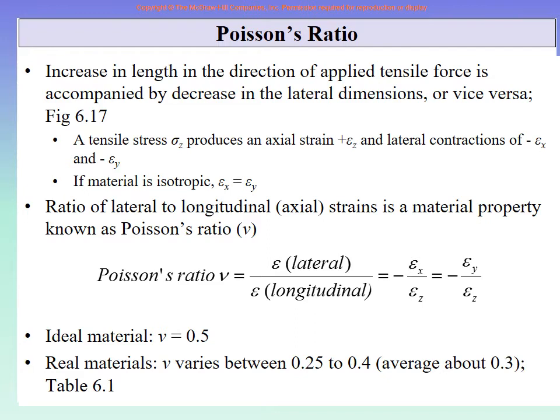The length is being measured by the machine. When you are pulling it in tension, the force is being measured by the machine, the length is being measured by the machine. So the strain in the direct axial or longitudinal direction is directly there. But if we want to find out the change in dimension in the other, for example, x, y, z directions, then in the x direction we know it is the length change, but the change in the y direction and the z direction of the sample we can't.